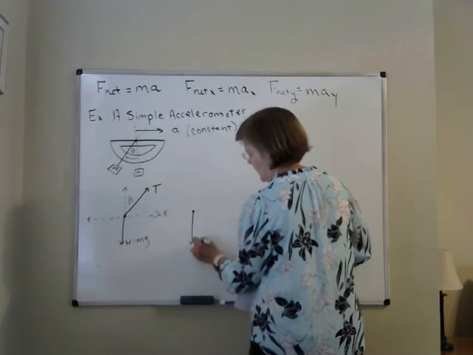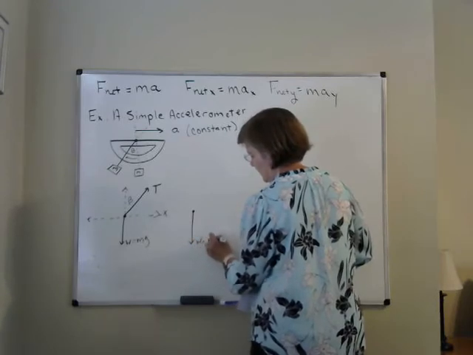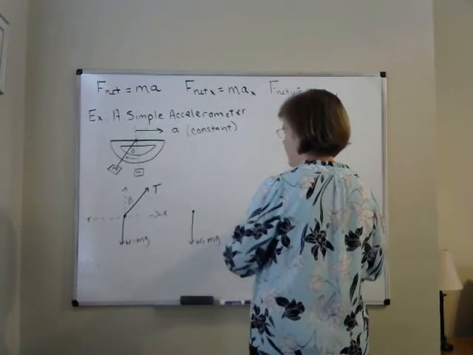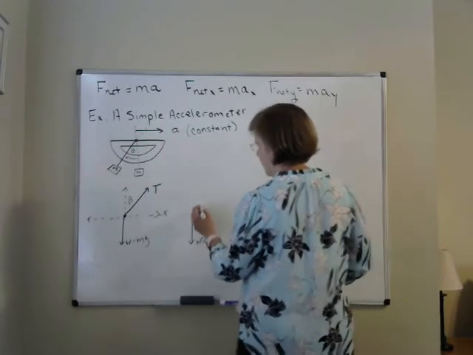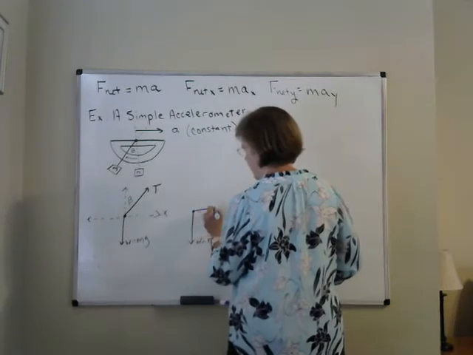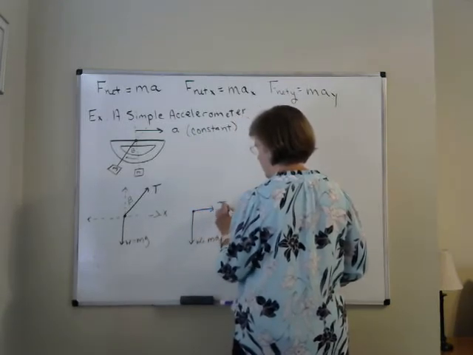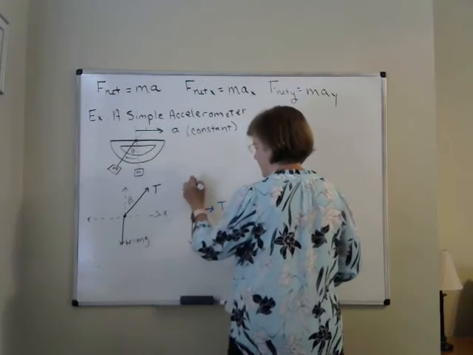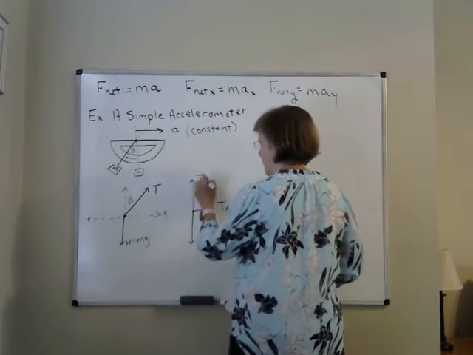The weight, or mg, is going to be pointing straight down. And then the tension's going to have two components. It's going to have a component this way. We'll call that Tx. And it's going to have a component this way. We're going to call that Ty.